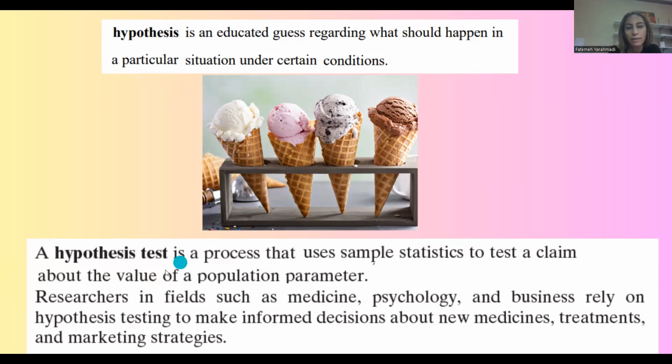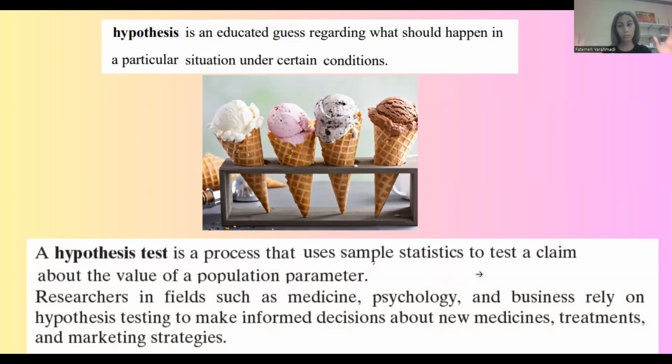Now, when we say we have a hypothesis test, we are basically saying that it is a process that uses sample statistics to test a claim about the value of a population parameter. Remember that we have a population with a huge data set.